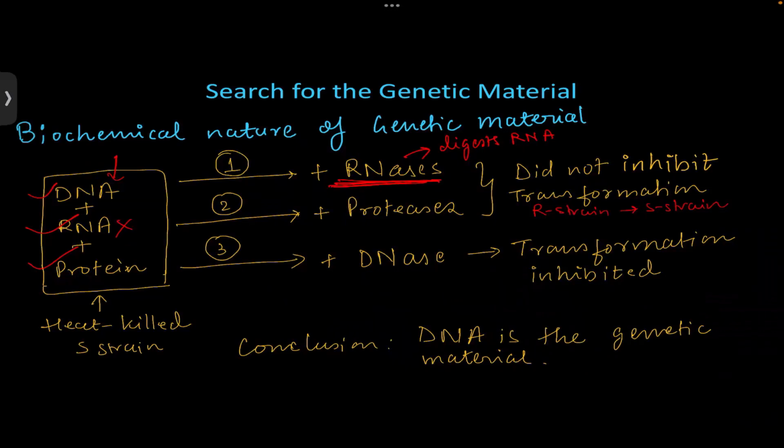So they concluded from this that RNA cannot be the genetic material, because the presence of DNA or protein, either of these, is in fact the genetic material which is causing this transformation.